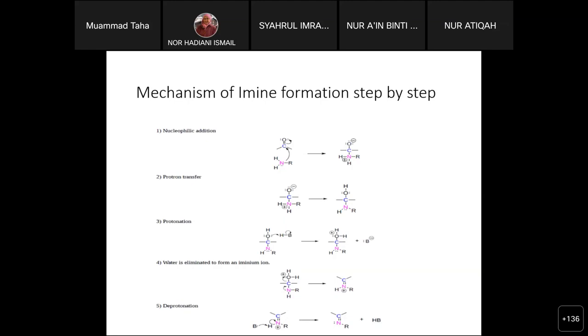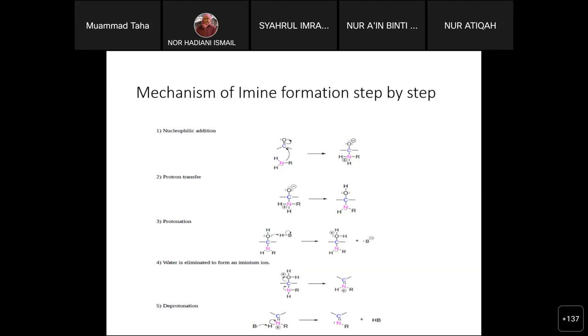A positive charge on a highly electronegative atom is highly unstable, always remember. So it wants to be stable. What will happen? The bond between the oxygen and carbon breaks, and the lone pair of nitrogen attacks the carbon again and forms this intermediate.